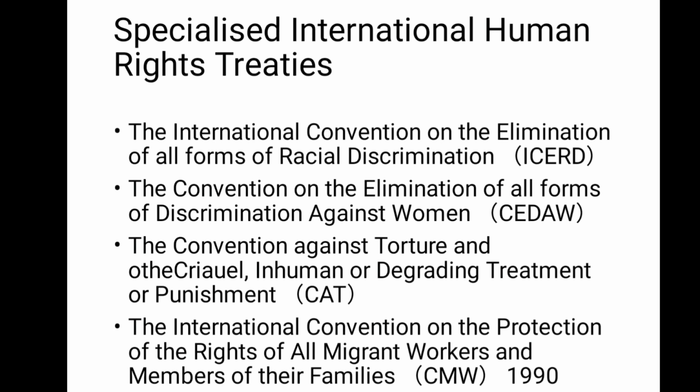Racial Discrimination. Now, this convention was actually adopted in 1965 by the United Nations General Assembly. Then it came into force in 1969. It was drafted to draw attention to racial discrimination that was still rampant in the world. America was still a very much segregated society even after its 1964 Civil and Political Rights Act.